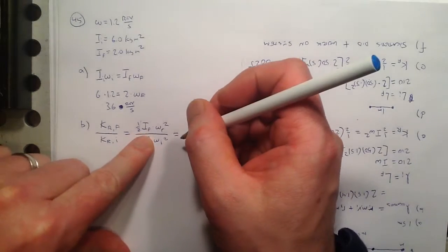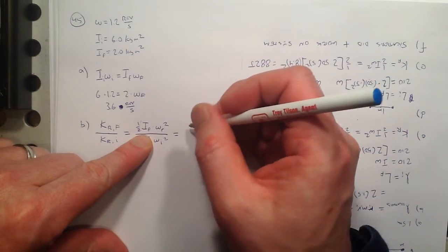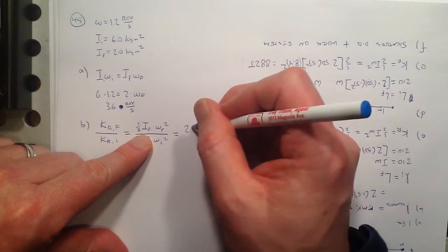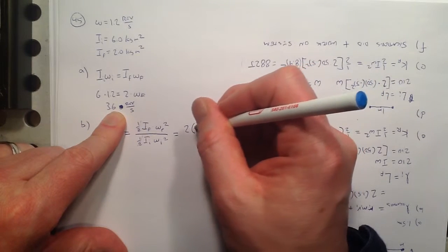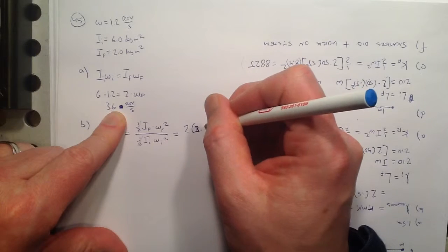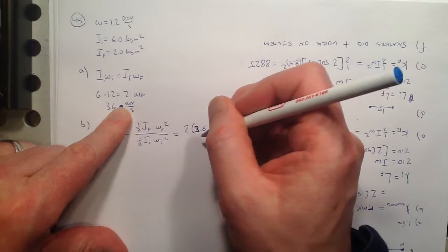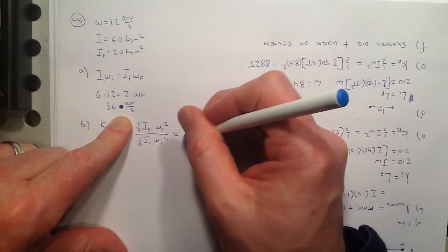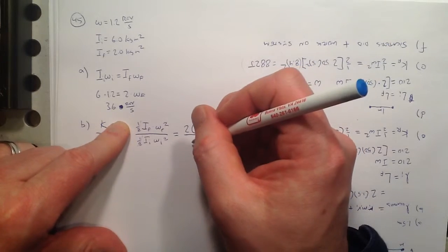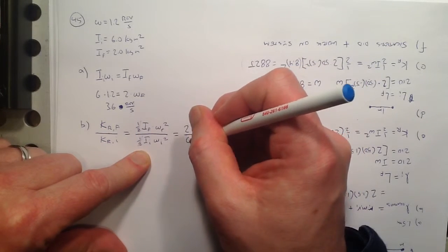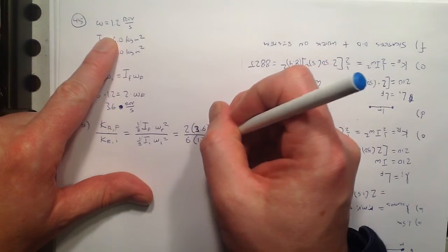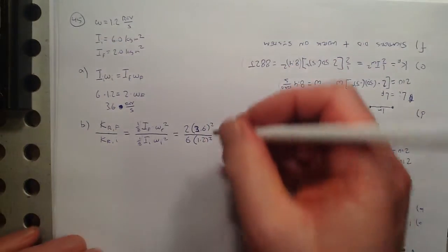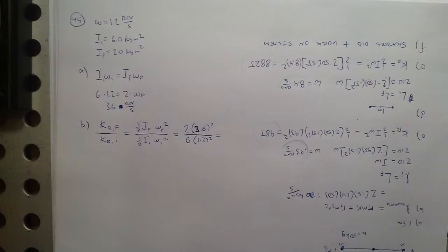So the final rotational inertia was 2, the final angular velocity was 3.6, and the units will cancel here, whatever they are. So I can use revolutions per second over 6 times the original, 1.2.